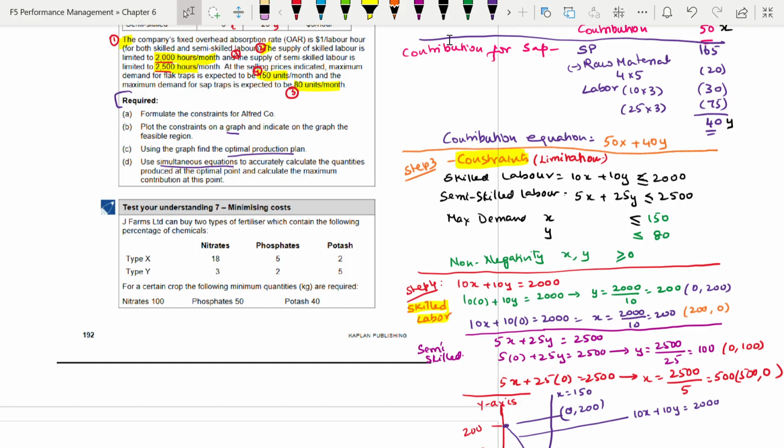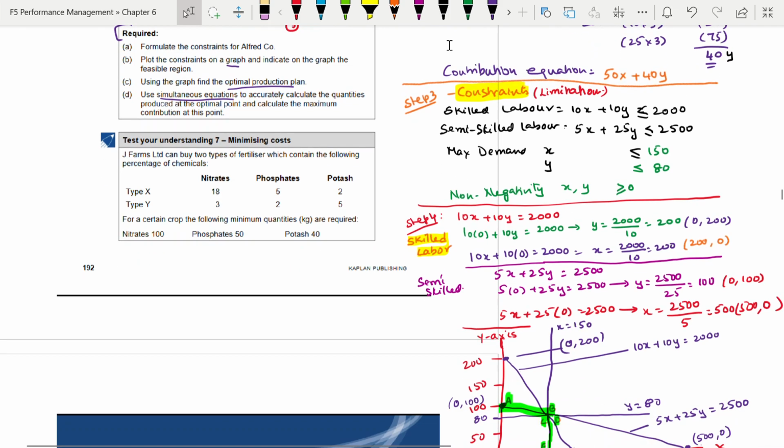Every time there is a constraint, you have to work within the constraint. Time limits will be there. Skilled labor you are using less than 2000. Semi-skilled labor you are using less than 2500. Maximum demand you cannot go beyond 150. You cannot go beyond 80.